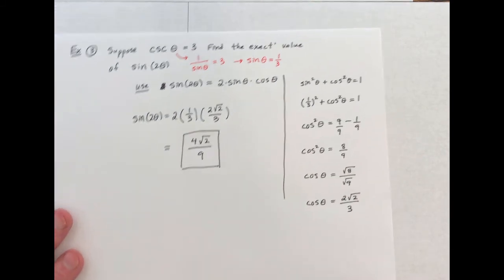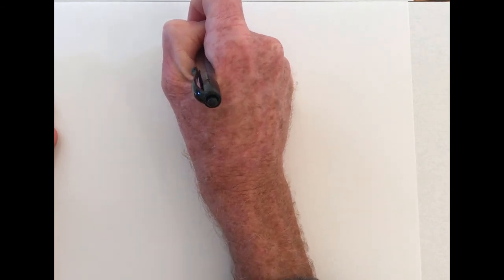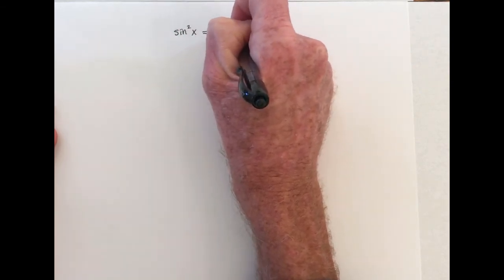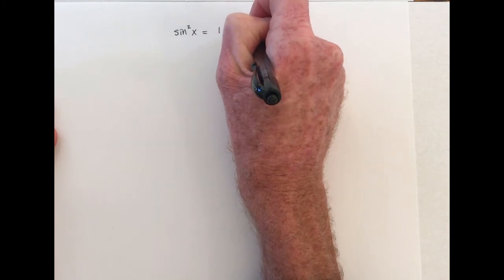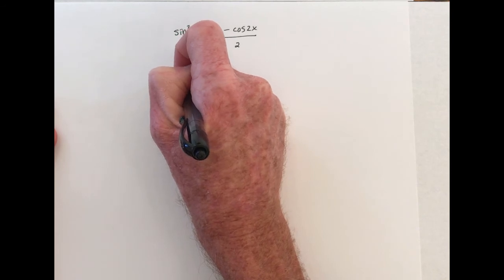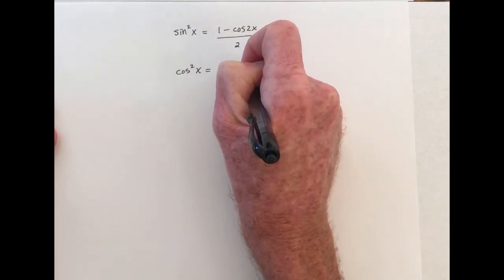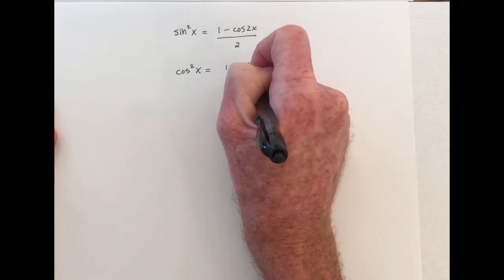Okay, there are 2 more important formulas in this section. So the other 2 are that sine squared is equal to 1 minus cosine of 2x over 2, and cosine squared is equal to 1 plus cosine of 2x over 2.